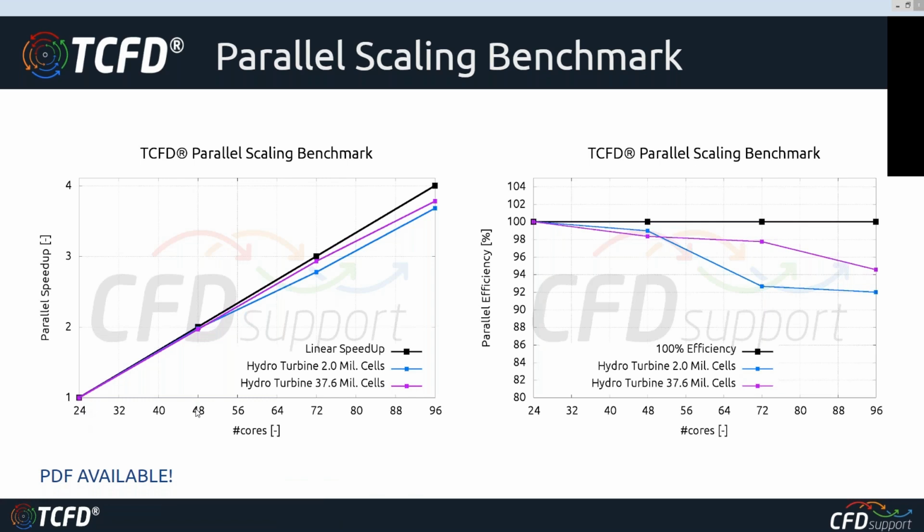So if you double the resources a few times, you still get the linear speed up and very high parallel efficiency. Again, a detailed PDF is available about this study, so I will continue.